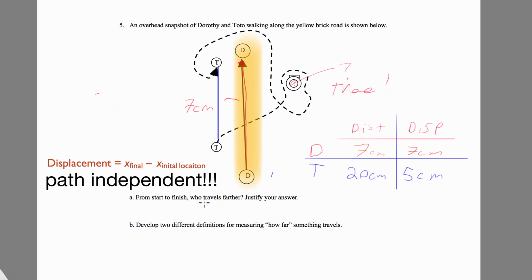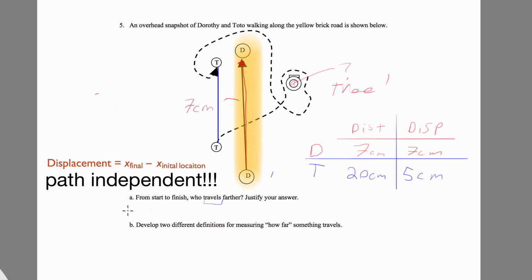It depends. The word travels is not really a technical definition. It kind of depends on perspective. I mean, often we talk about how far we travel.